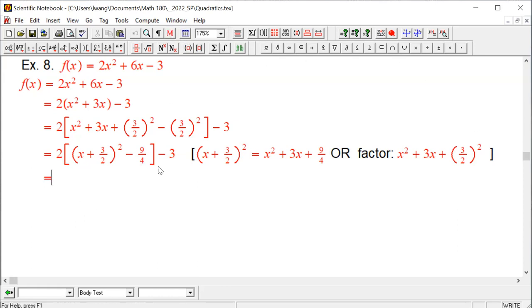Okay, so now we get the perfect square part. And we're going to move this part outside the bracket. So I'm going to take the 2, multiply the perfect square part, times 2. I'm also going to take the 2, multiply 9/4.